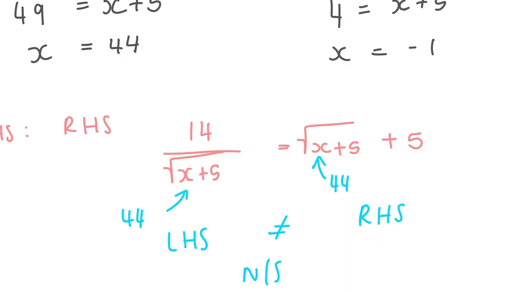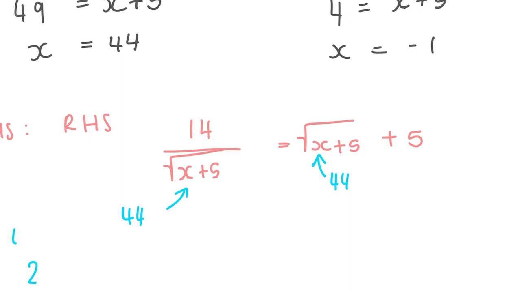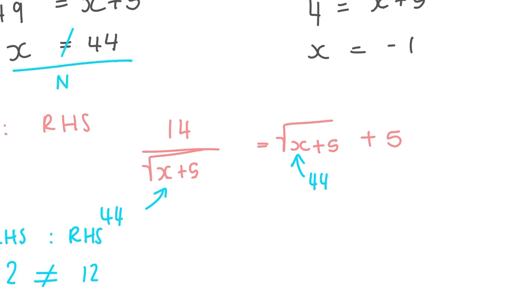So if we do that for 44, you're going to get a value of 2 for your left-hand side, and your right-hand side is going to give you a value of 12. Now you see that they aren't the same. So that means you need to put a line through your equal sign and say, therefore, no solution.